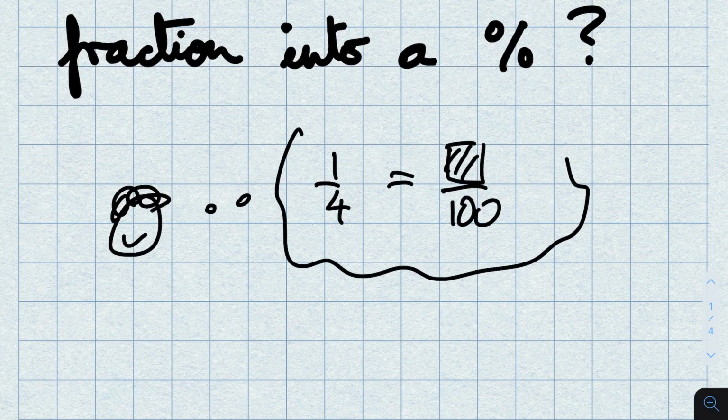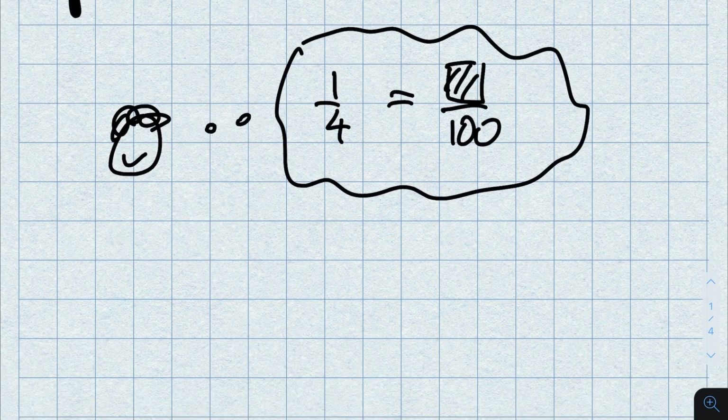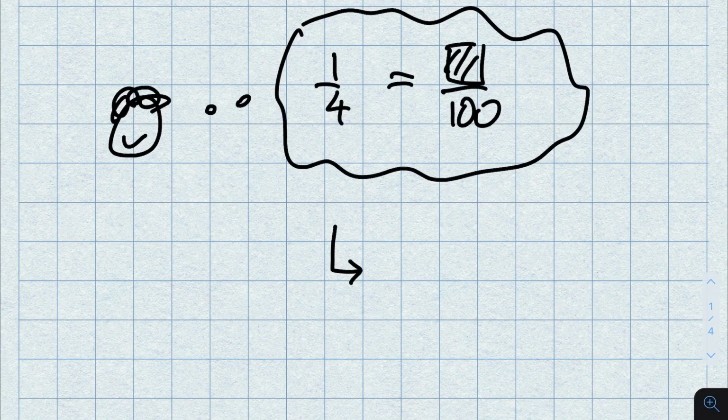And this thing that we know is helpful because when we think of a percentage, it is really always something out of 100. And that's the link that we're always trying to establish.